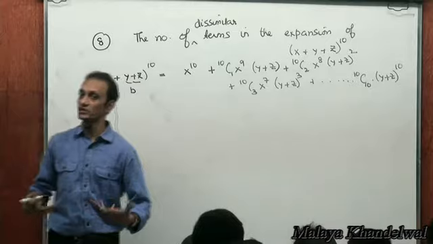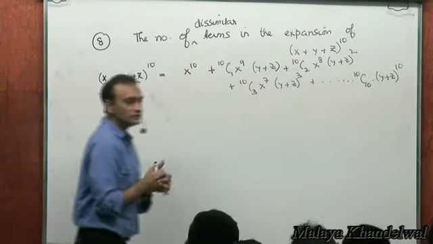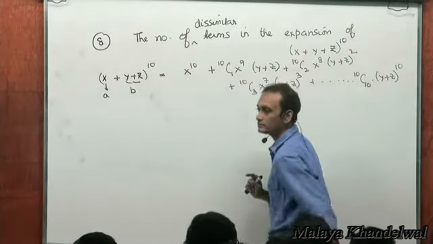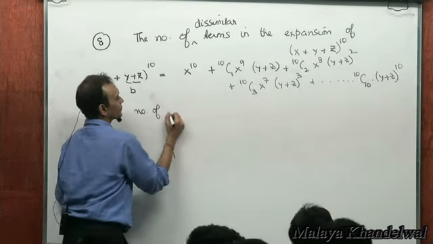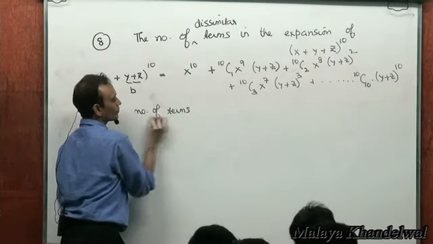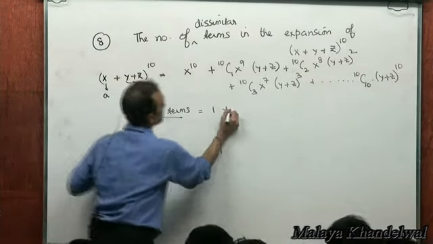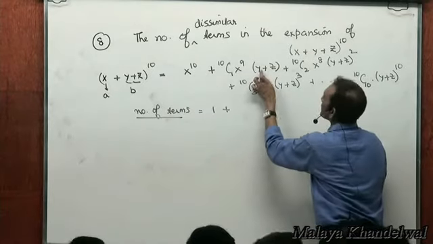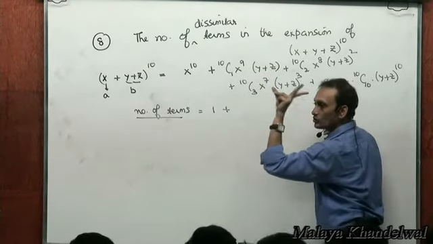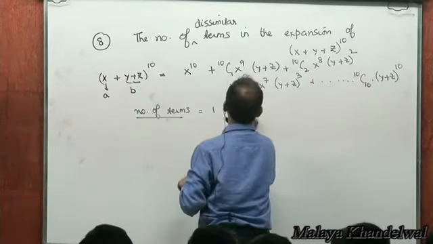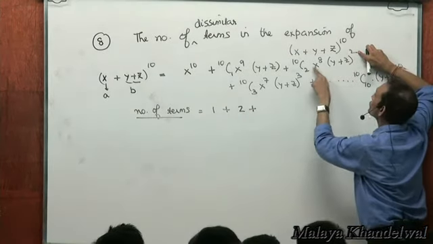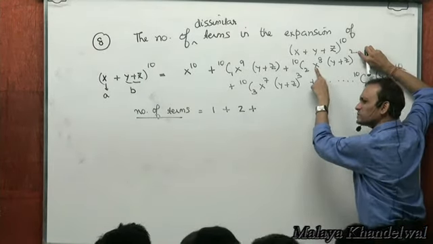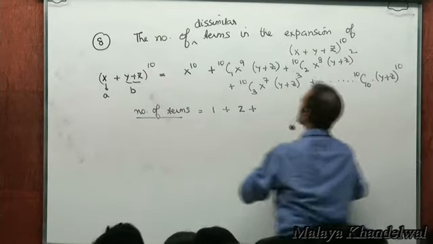Now the number of dissimilar terms that you see here. There is one term here. One term here plus, see, y into this plus z into this, two terms here. When you expand y plus z whole square, there will be three terms, each multiplied by x power 8, so there will be three terms.